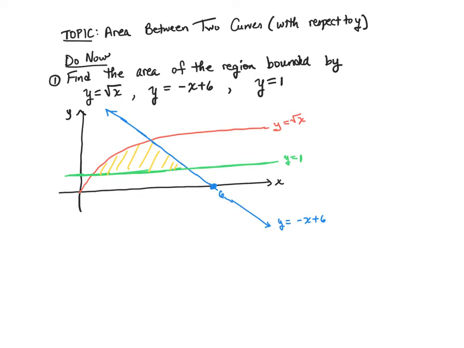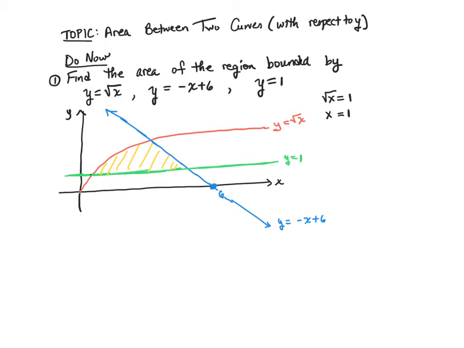So the next thing we must do is find the intersection points. We have to find the intersection points for our limits of integration. So we'll set two equations at a time equal to each other. Let's begin with the square root of x is equal to 1. All right, so we square each side and we get x equals 1.